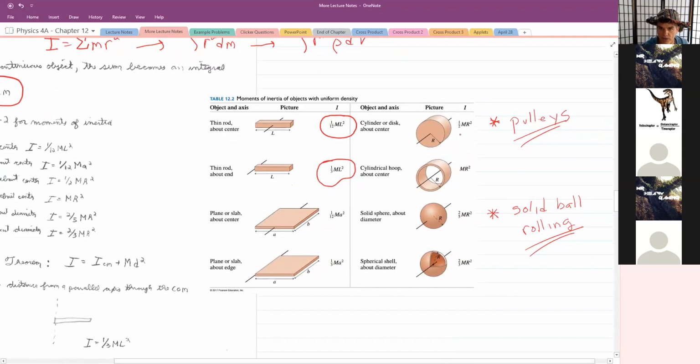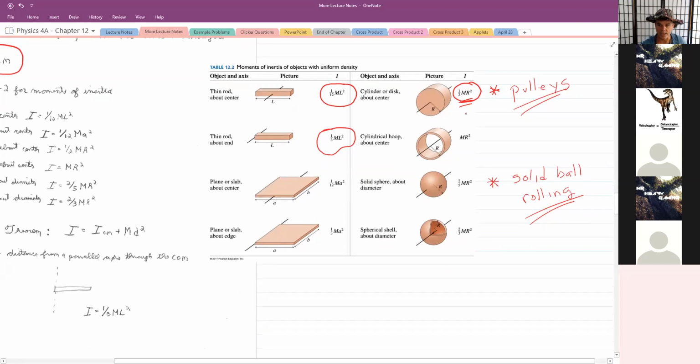For a cylinder or disk with an axis through the center, the moment of inertia is 1/2 mr squared. You are going to use that for pulleys. We're pretty much going to model any pulley like a disc, and the axis is always going to be through the center of the pulley. So the moment of inertia is 1/2 mr squared.